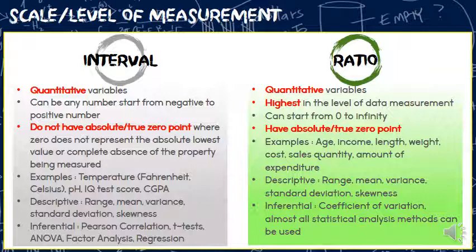Next, we have interval scale measurement. So, interval scale of measurement adalah quantitative variable. Biasanya variable yang berbentuk kuantitatif, tak kisah sama ada dia discrete or continuous. It can be any number that start from negative to positive number. And the key point here is this point. Interval scale do not have absolute or true 0 point. So what is the meaning of absolute zero?